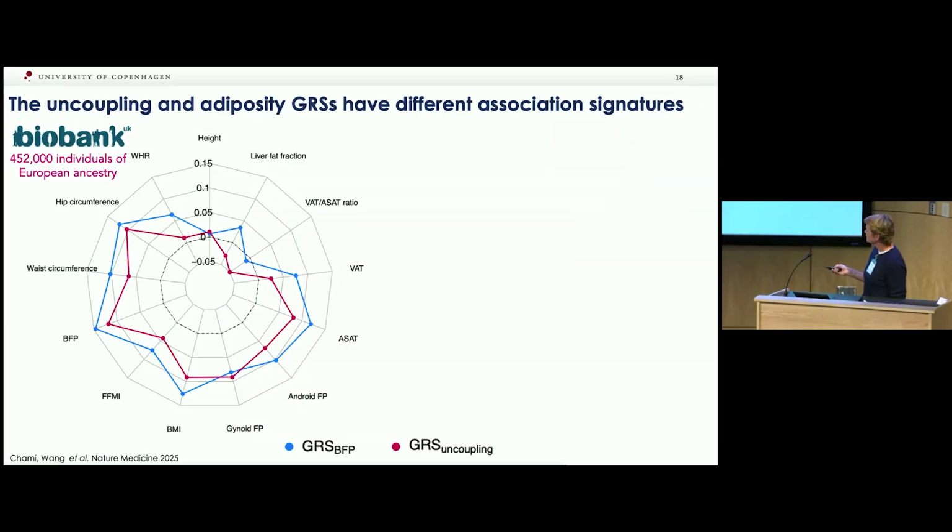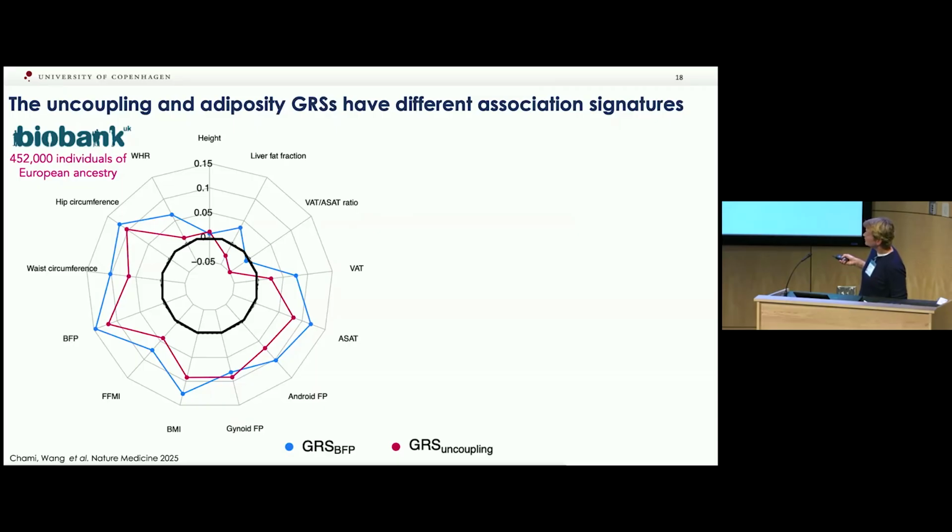And we compared it with your typical unhealthy obesity score, you could say. So red is the healthy score, blue is the unhealthy score. And you indeed see, if you do the association within the UK Biobank, there's no effect on height, but the difference is particularly visible in the VAT-SAT ratio, where if you have an unhealthy score, there's not so much of an effect, and here's the null line.